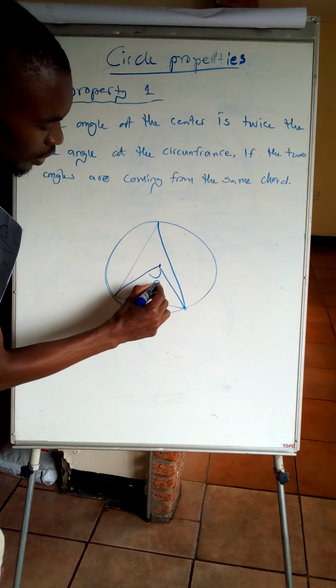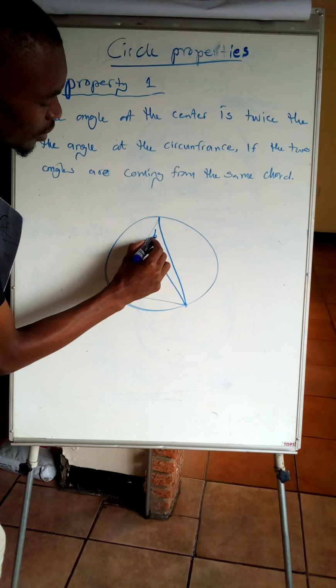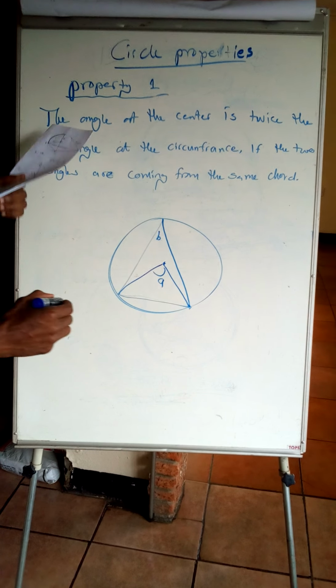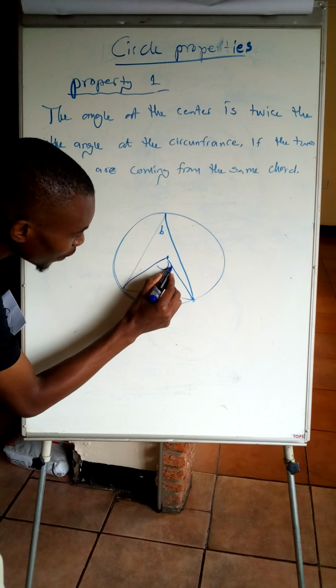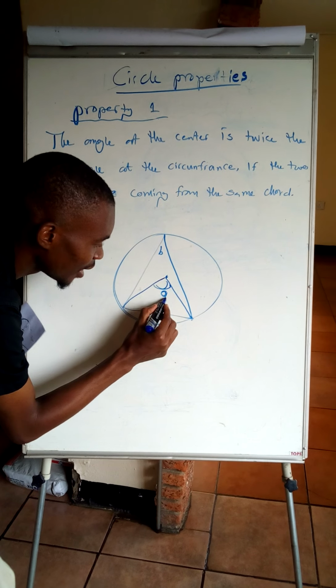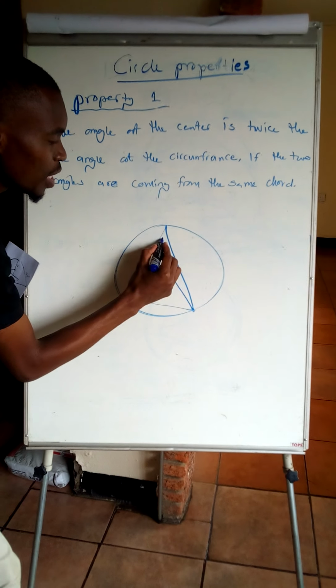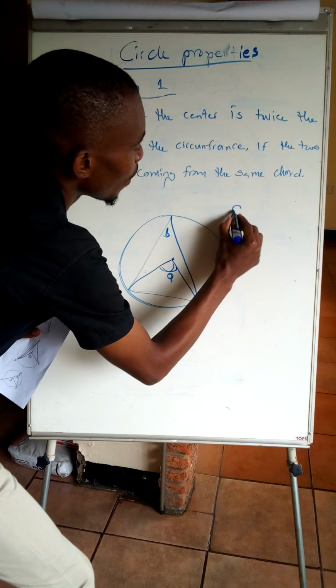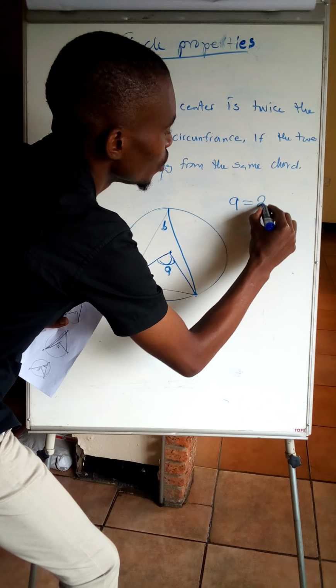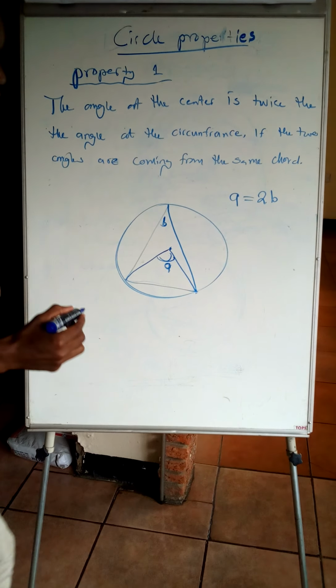Okay? So this is angle A, this is angle B. What this property is trying to say is that this angle A, which is at the center, is 2 times the angle B, which is at the circumference. So our angle A is equal to 2B.